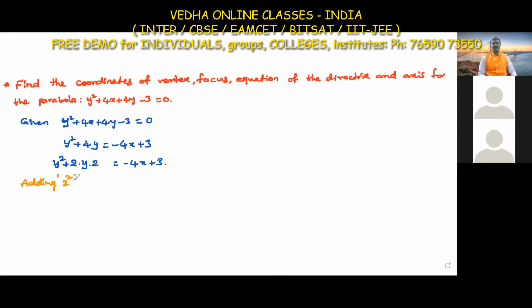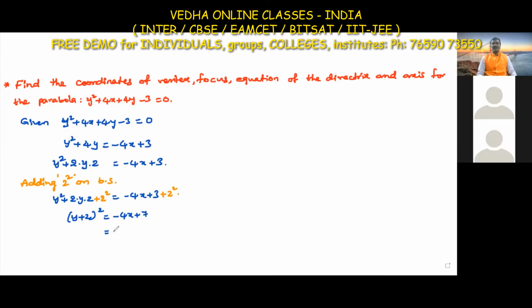If we add 2 square on both sides, then y square plus 2 into y into 2 plus 2 square, that is a plus b whole square: y plus 2 whole square is equals to minus 4x as it is, and 4 plus 3 is 7.